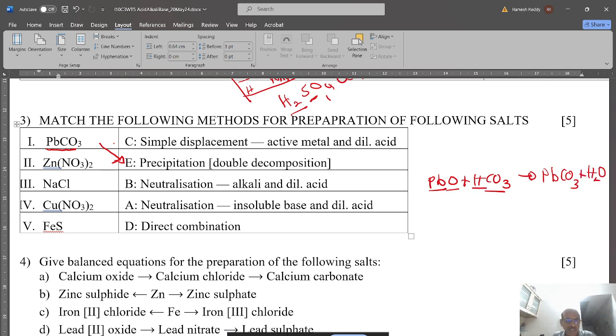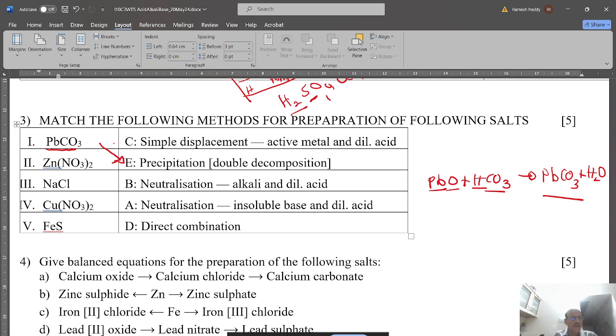Here you need to balance the equation, of course. It is a double decomposition, and the PbCO3 will precipitate in the water that is formed. So it is very easy. This PbCO3 can be decanted, and once you decant the water, you will get the PbCO3. That's why we call it the precipitation double decomposition method.